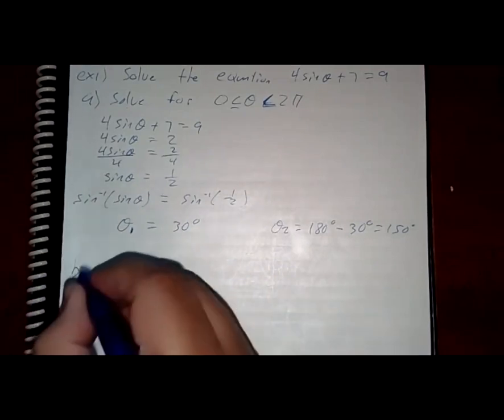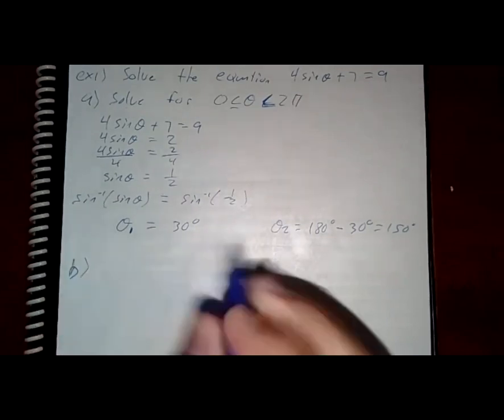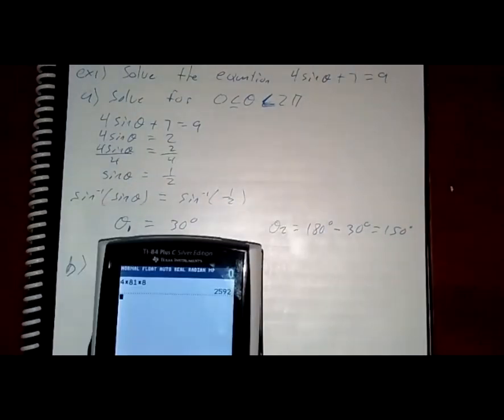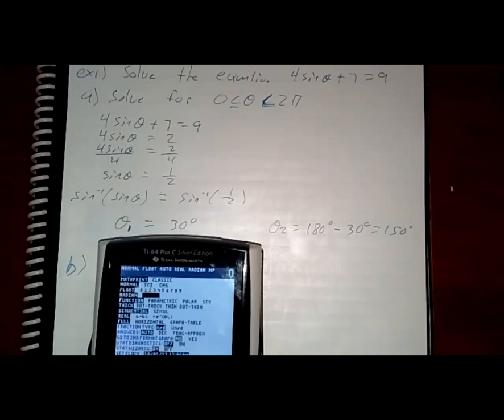Are there any questions about what we did there? Let me pull out the calculator just so you can see. Sine inverse of 0.5. What am I in? Radians. Let's switch to degrees.